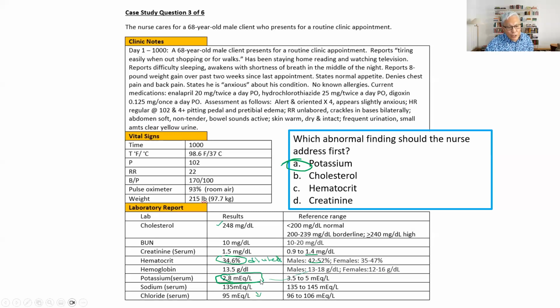The danger of the potassium being low and not being treated is that it might cause, obviously, arrhythmias and cardiac arrest. And what is the arrhythmia that is associated with low potassium? It's a form of ventricular tachycardia called torsades de pointes. So this is ventricular tachycardia.